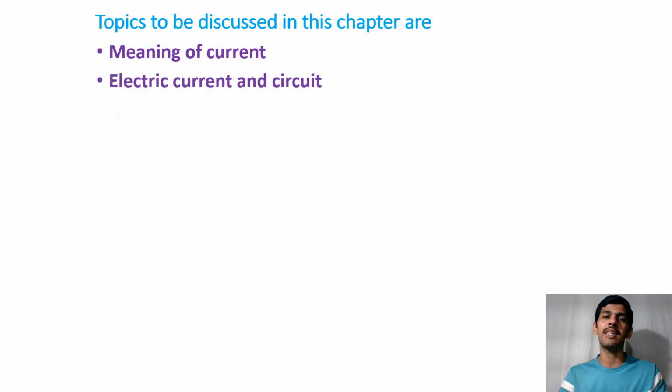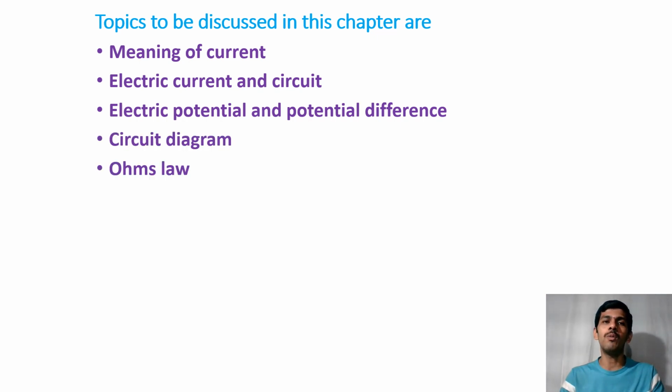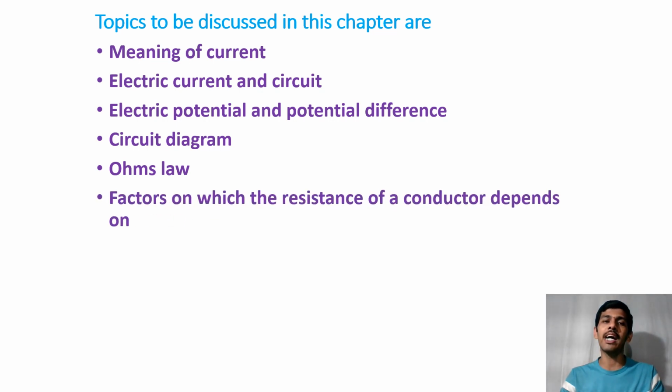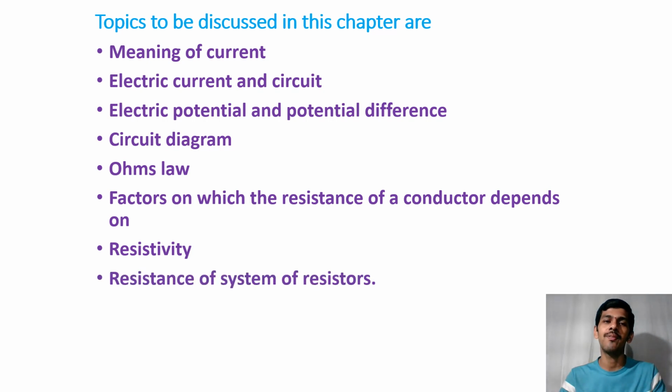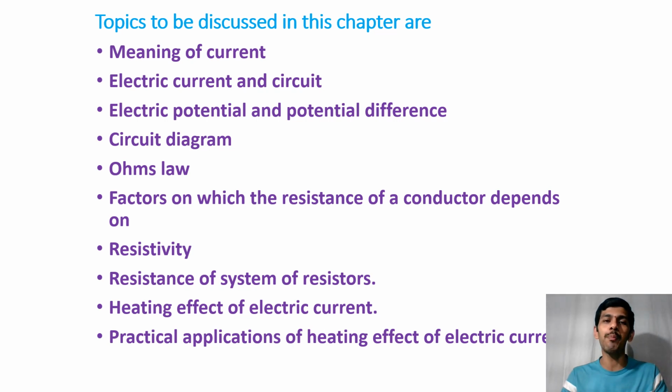Next, electric current and circuit, electric potential and potential difference, circuit diagram, Ohm's law, factors on which resistance of a conductor depends on, resistivity, resistance of system of resistors, heating effect of electric current, practical applications of heating effect of electric current, and electric power.